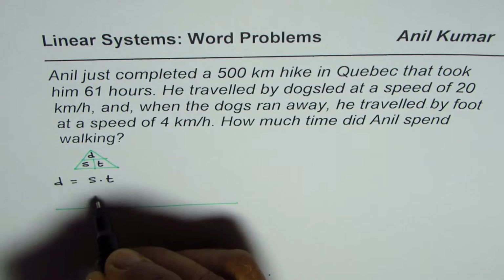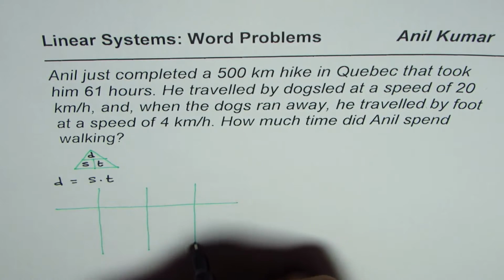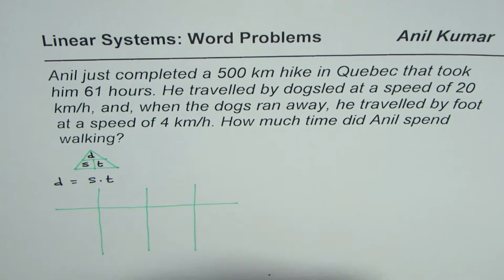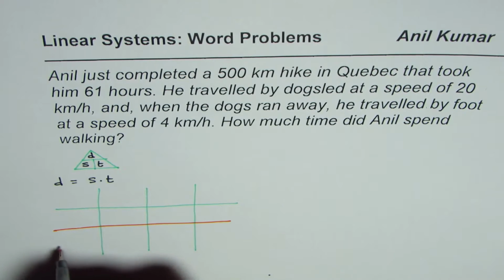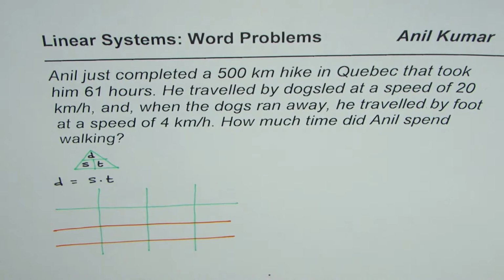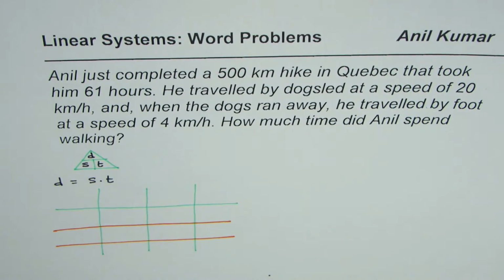We'll have three columns, one for distance, one for speed, and one for time. There are two conditions in this case: traveling by dog sled and walking.